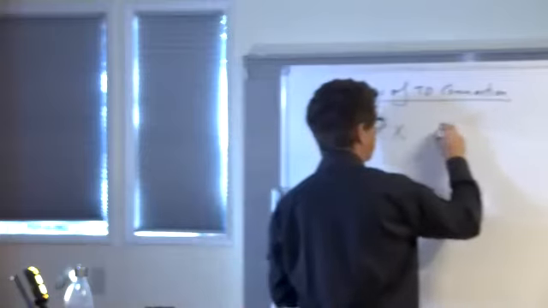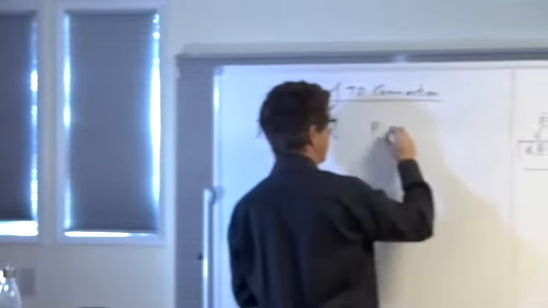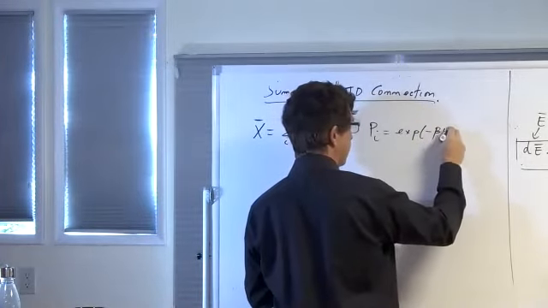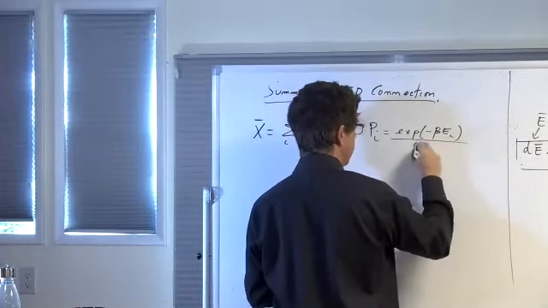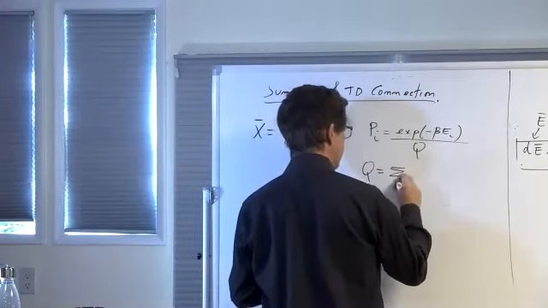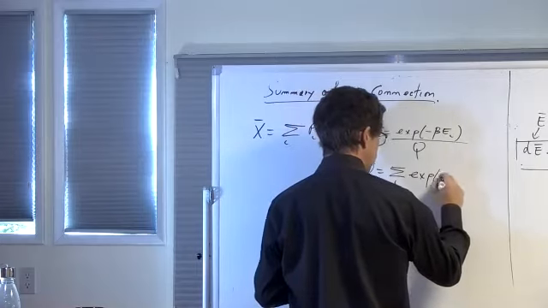We calculated that the probability in a canonical ensemble is the exponential of minus beta E_i over the partition function. The partition function is the sum over all states of the exponential.